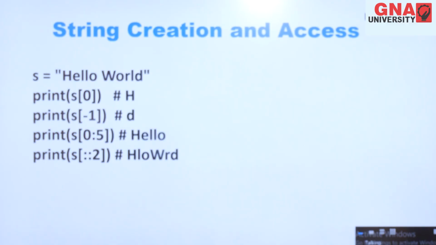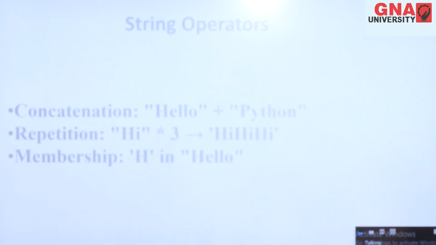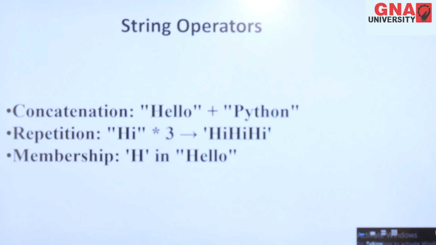Now, there are various string operations, and various operators are used in them. Strings can be combined using the plus operator, repeated with the star, and checked for membership using in. These operators make string handling easier.